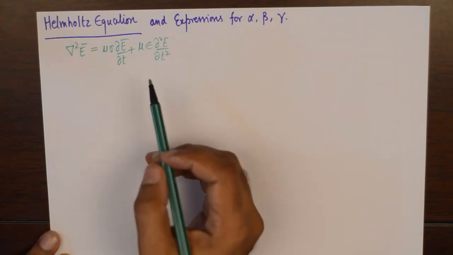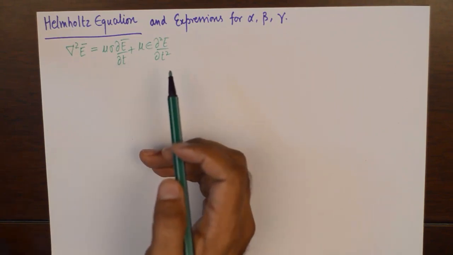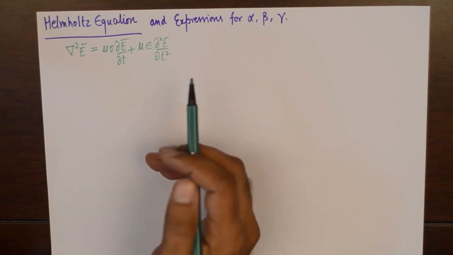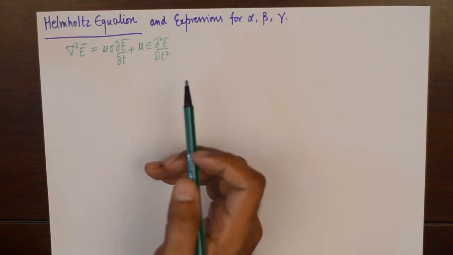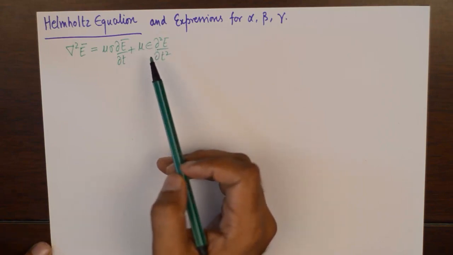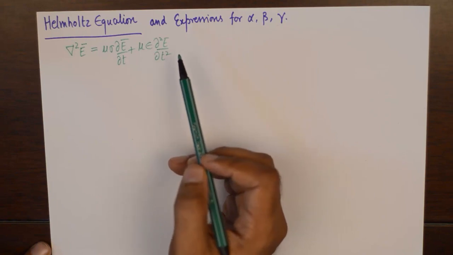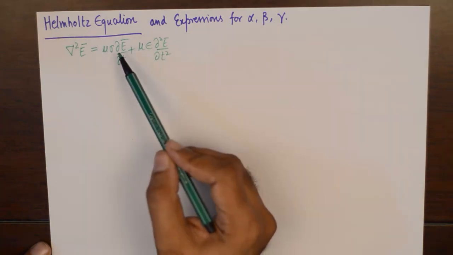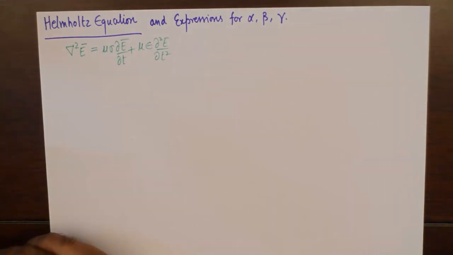Now again, needless to mention, the left hand side signifies the spatial change, the right hand side signifies the time change, and in the right hand side you'll find a term with sigma that represents the conductivity of the medium.